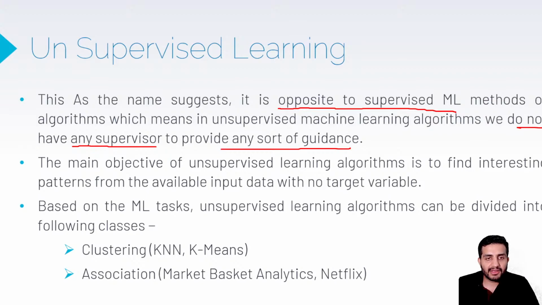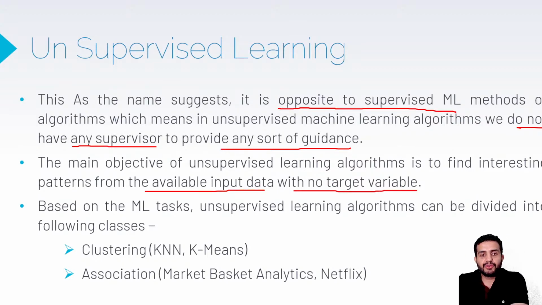So the algorithms, the methods where I do not have any supervision or any sort of guidance to find the relationship between my input and the output, that is what we call unsupervised learning. The main objective of unsupervised learning algorithms is to find interesting patterns from the available input data with no target variable.